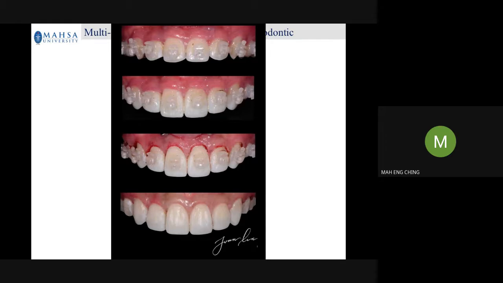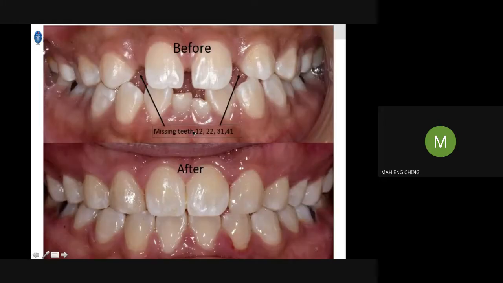So what we can do is a simple braces treatment just to align the teeth a bit better before they start the smile design. When the teeth are straight, it's always easier to restore compared to crooked teeth. Then you don't have to cut so much of the enamel and the dentin. So this is a good way to avoid invasive treatment for the patient.